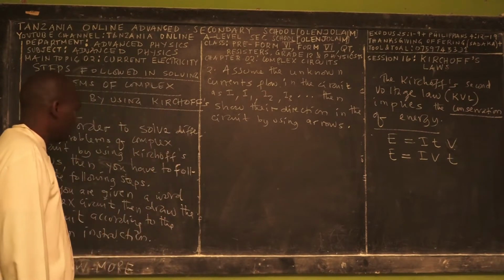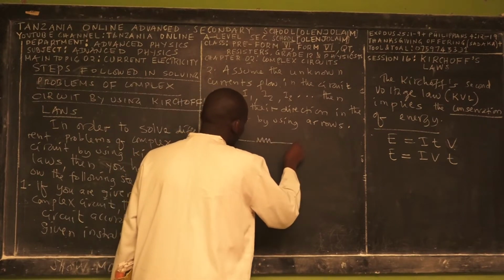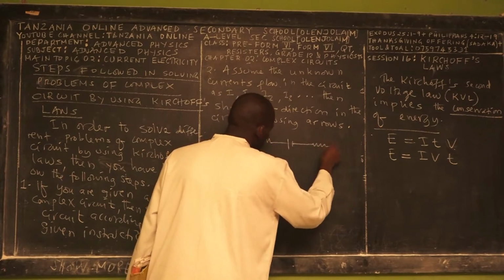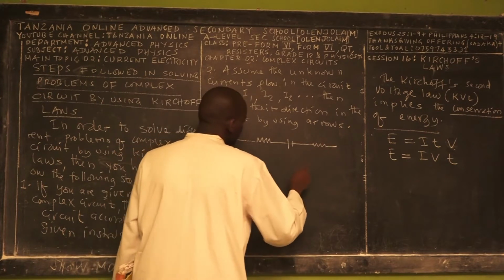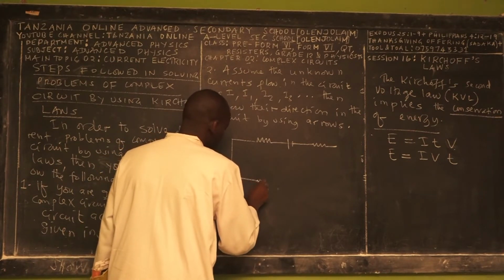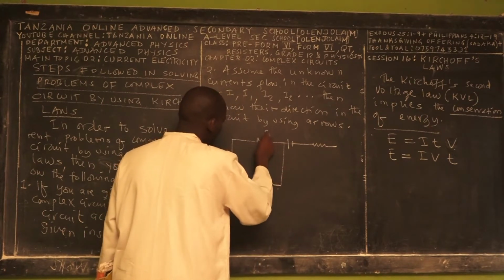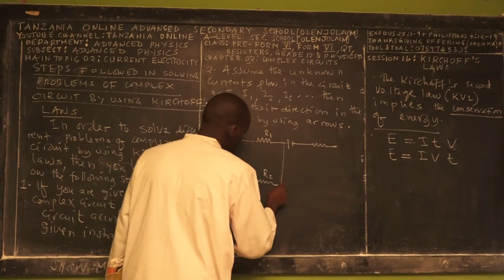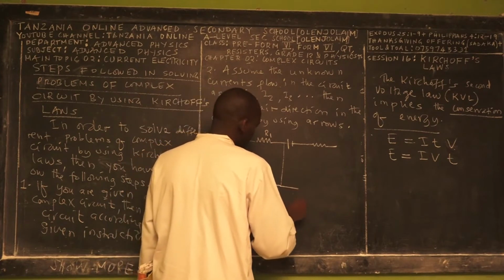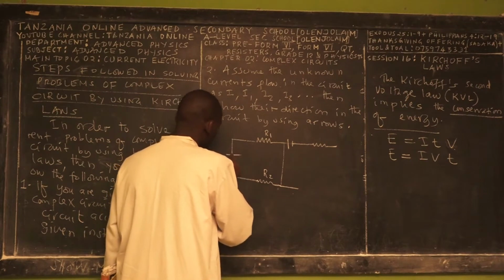I think the best way of teaching you these steps is if I also include a diagram. Suppose that I have a complex circuit like this. So this is R1, this is R2. And here we have another tracer.